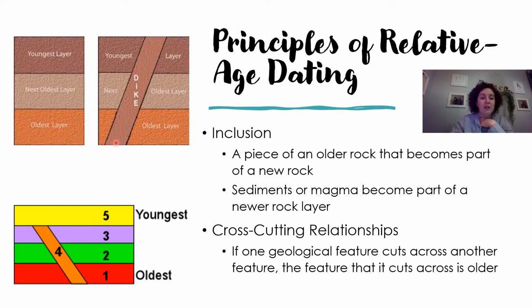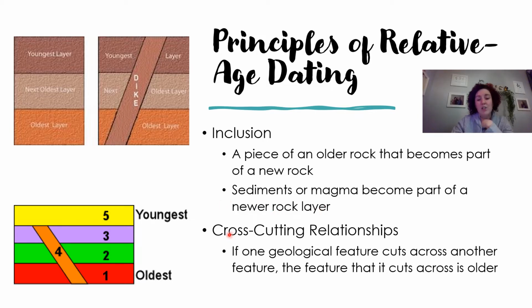But if you get a magma chamber that starts to cut through, or in this case, a magma dike, things like that, this now kind of absorbs everything it went through. So all the stuff that it went through now is melted down into that new rock. So that is inclusion.